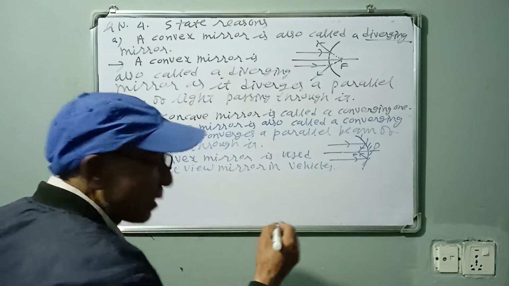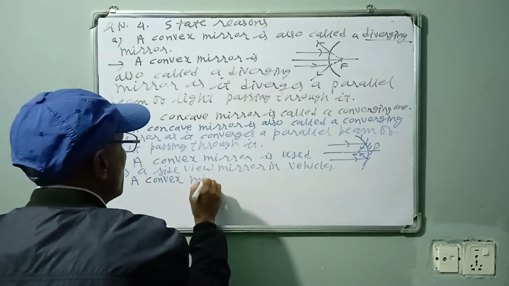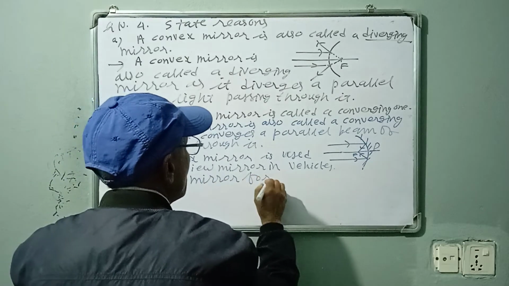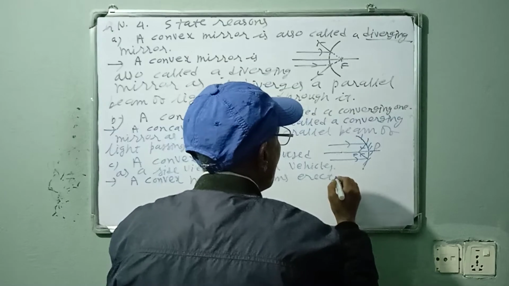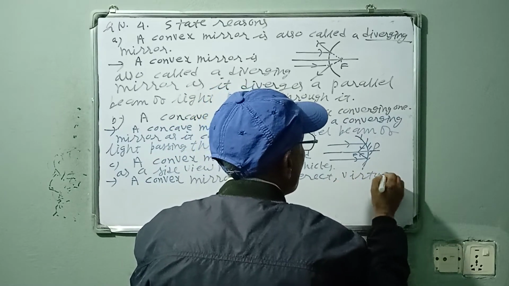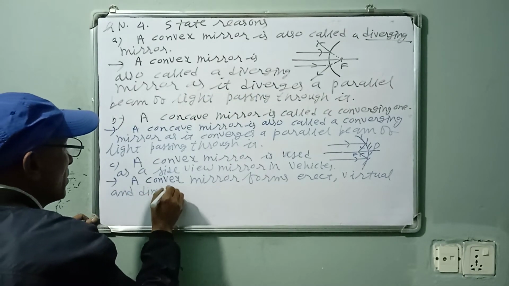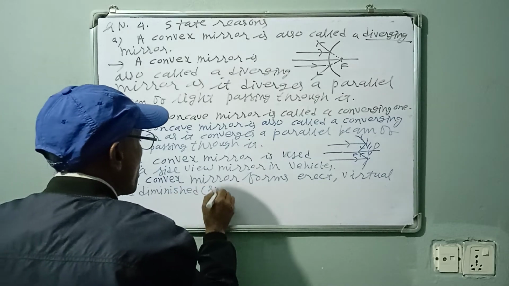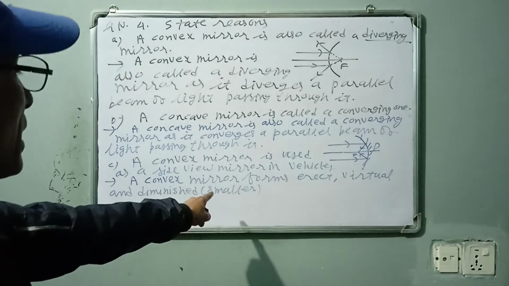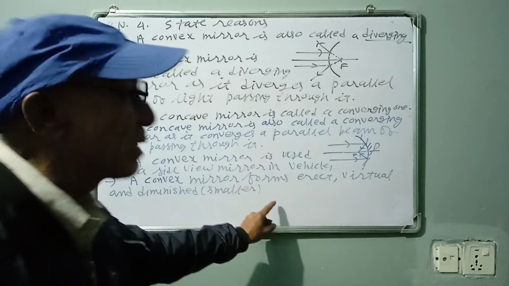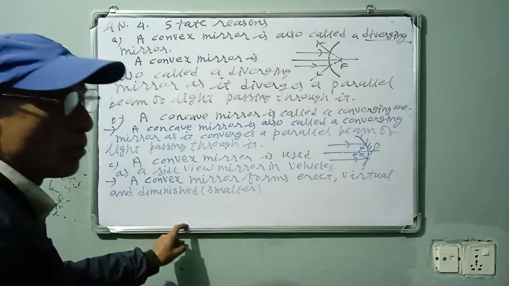First of all, look at the answer. A convex mirror forms erect, virtual and diminished images. Diminished means smaller images. It shows small images rather than large ones, so many objects can be seen at the same time. The driver can see many objects at a time and he or she can avoid the accident.